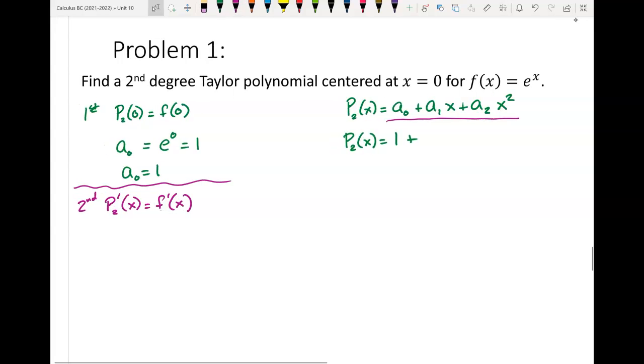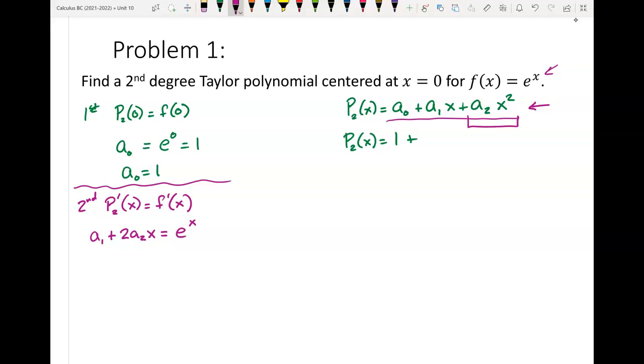If I take the derivative of this polynomial, the constant goes to 0, right? A sub 1 times x would just be a sub 1, right? And when I take the derivative of the last term, what would I have? Equals, and then what's the derivative of the original function? Just e to the x, right?